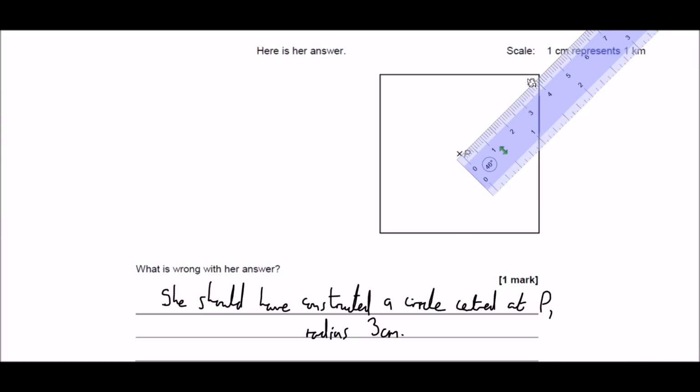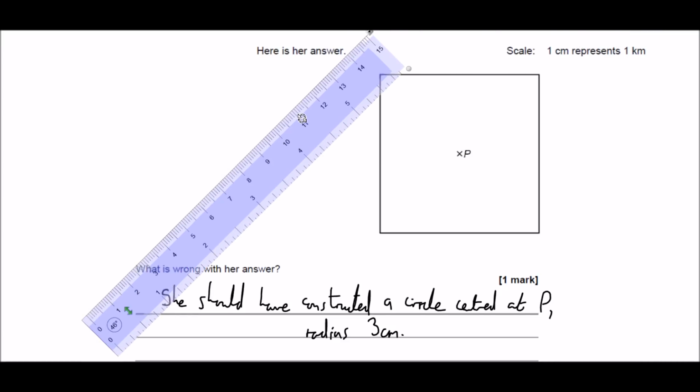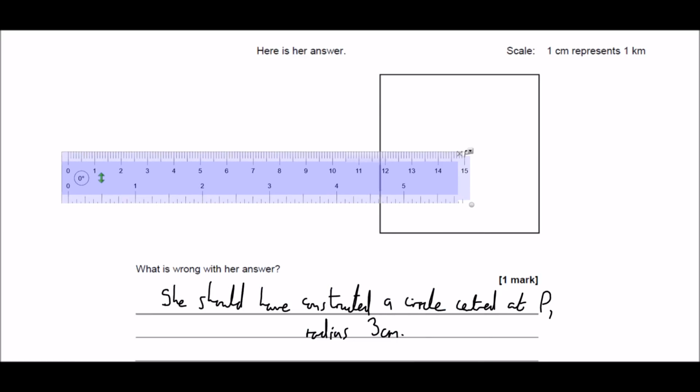That's about 4.3 centimetres away, which wouldn't be 3 centimetres at all. That'd be too far. And so what she needed to have done was to have got a compass and set the compass to a width of 3 centimetres.